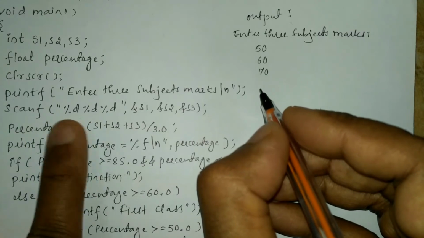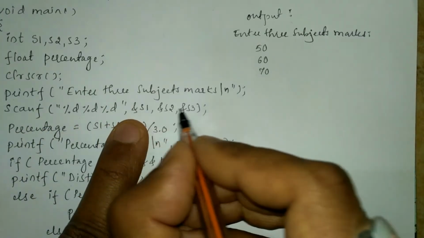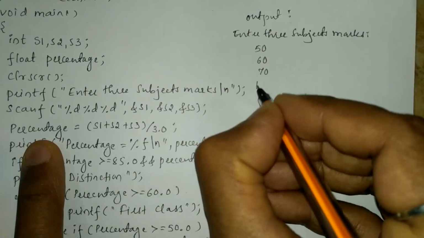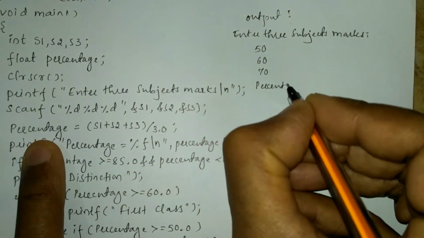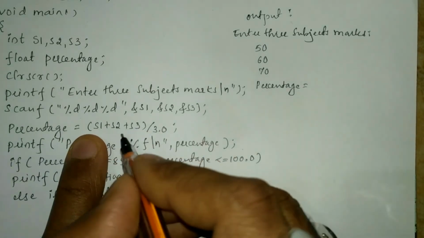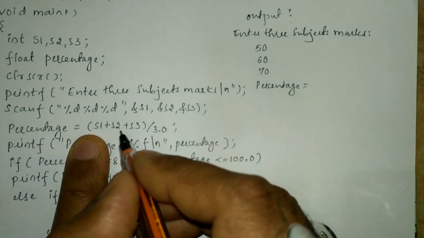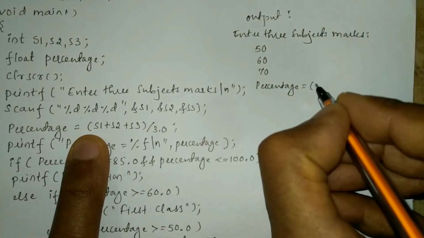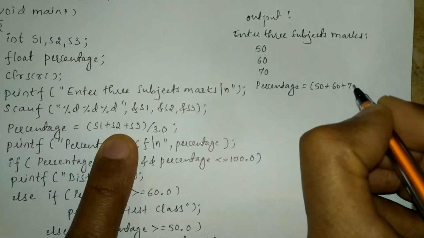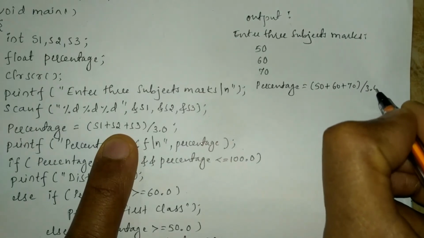So here you can see we have received S1, S2 and S3 respectively, and after that we are going to calculate the percentage. So percentage is a variable that is holding the average of these 3 subject marks. So you can write here (S1 is 50, S2 is 60 plus S3 is 70) whole divided by 3.0.